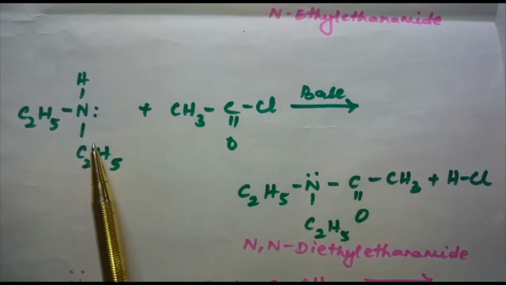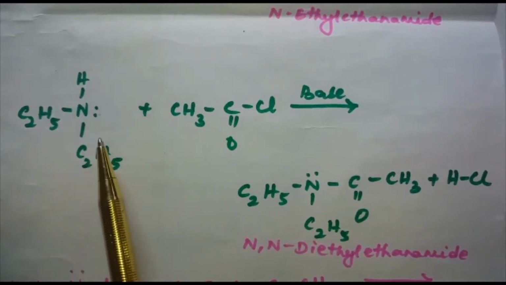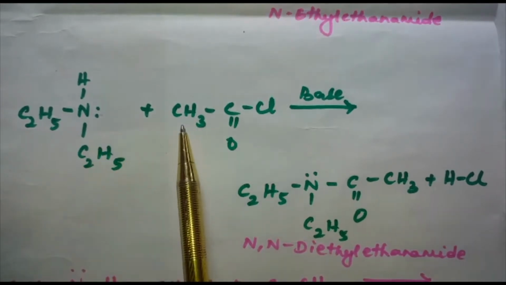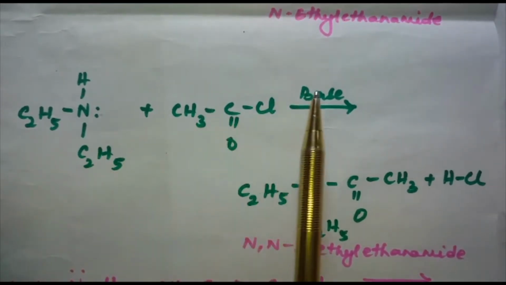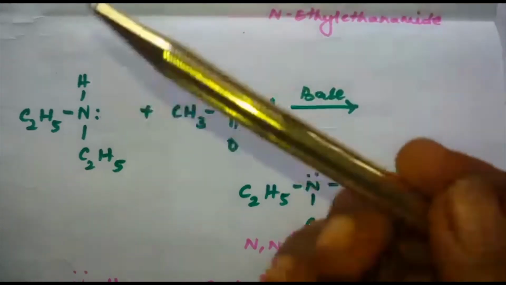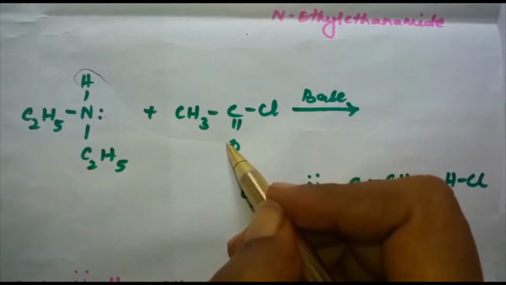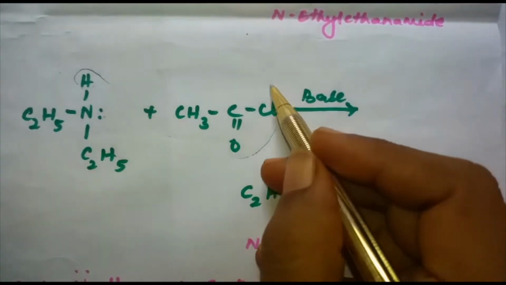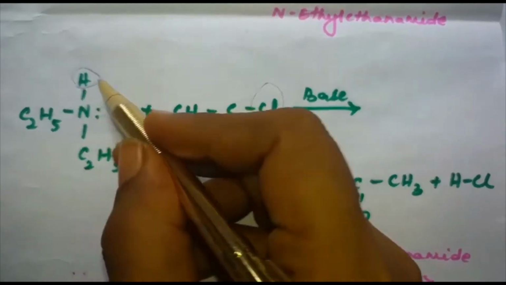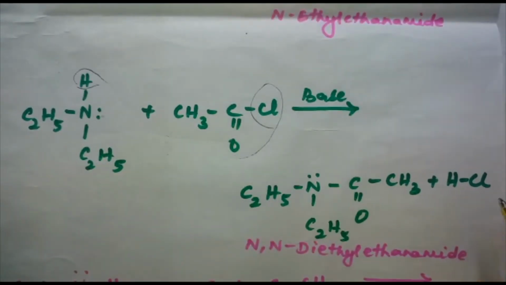Next reaction is N-ethyl ethanamine. N-ethyl ethanamine, when it is treated with acid chloride in presence of a base, gives N,N-diethyl ethanamide. This hydrogen and this Cl get removed, that is why we have written the HCl over here.